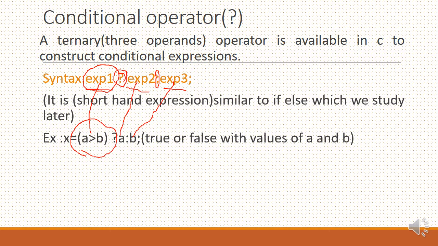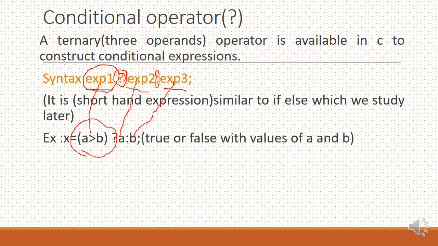Here you see A is greater than B, you have given one expression. If this condition is true, that means A is greater than B, then A is the answer. If this condition is false, that means A is less than B, then B is the answer. It is going to give it to X.